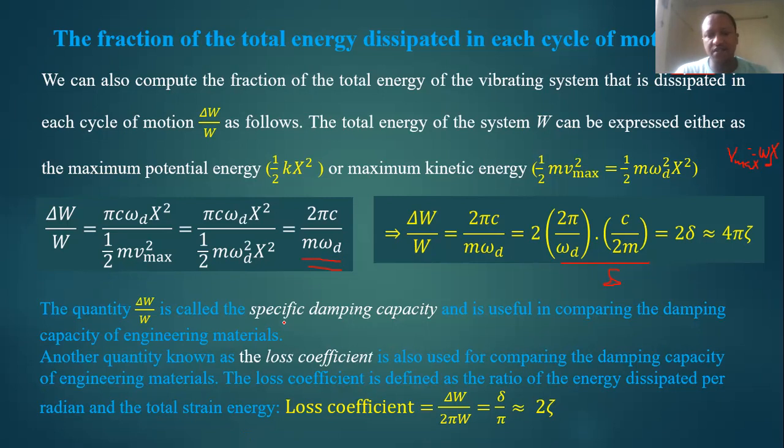The loss coefficient is defined as the ratio of energy dissipated per radian to the total strain energy. So the loss coefficient is equal to delta W over 2 pi W, which means delta W over W divided by 2 pi. So delta over 2 pi is equal to 2 zeta.